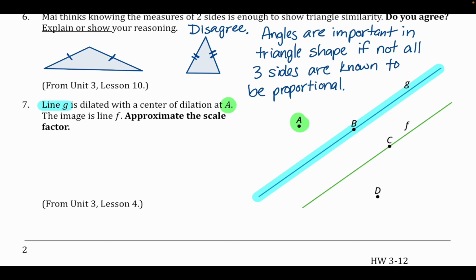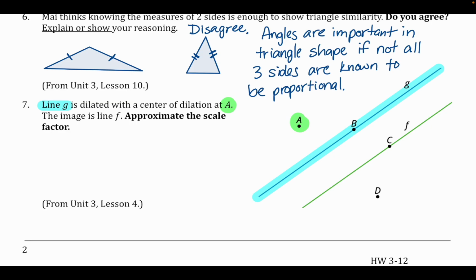And they said the image is F. Approximate the scale factor. Well, if we are dilating, we're going to be moving this line. Basically, we're comparing the distance between A and then the 2 points I just drew.